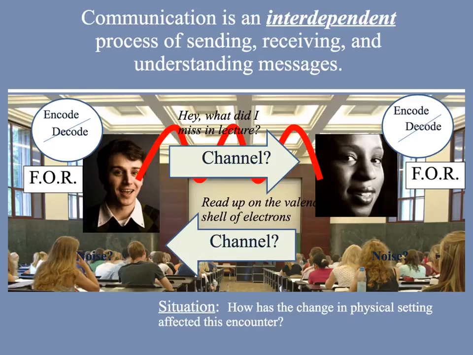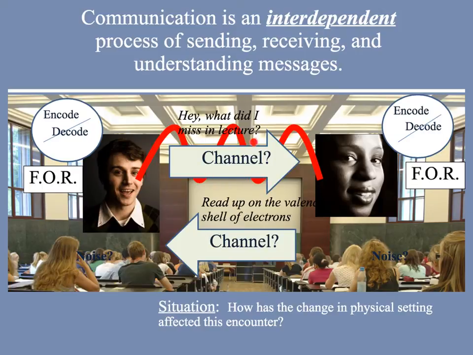So what happens if we change the background here? Well, now I put our background in a lecture hall. And the physical situation is much different. As a result of that, we have different associations, both for Shauna and for Jeff. This might mean that they choose a different channel. Maybe they send each other a text message instead of speaking. Maybe they send an email. Maybe they have to modify the channel and whisper to each other a little bit.